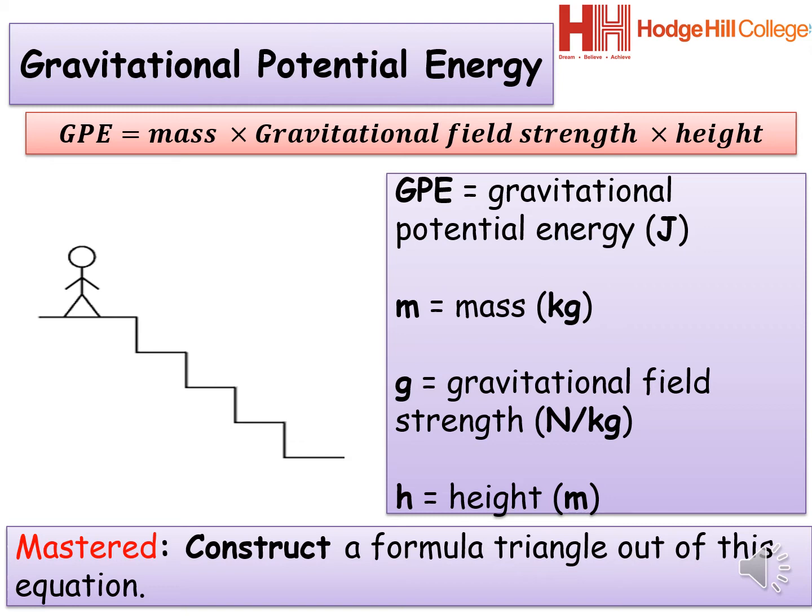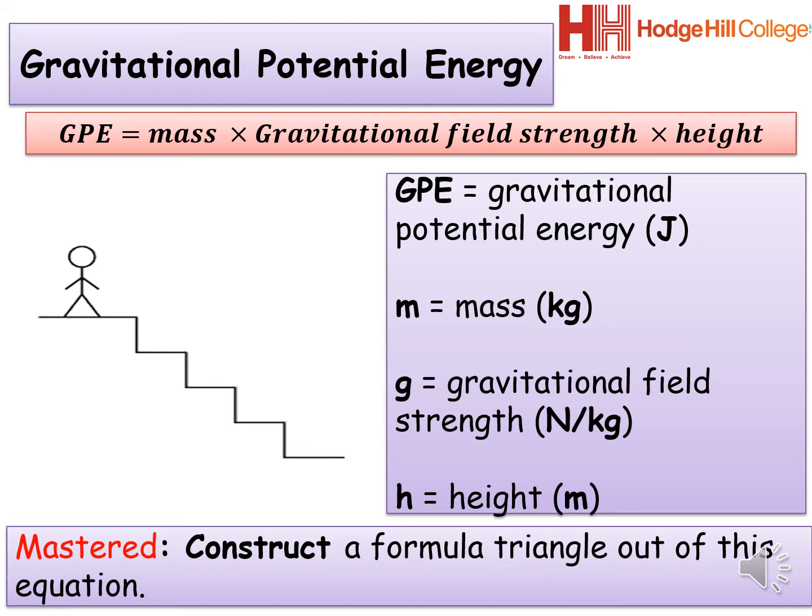So the bottom of your triangle is going to need 3 sections as opposed to just 2 sections. Make sure you add the symbols, make sure you add the units as well. So don't just write GPE, make sure you're writing the units of joules. Okay, so pause the video. Remember to use your ruler, draw your triangle, and put that equation into that now, please.